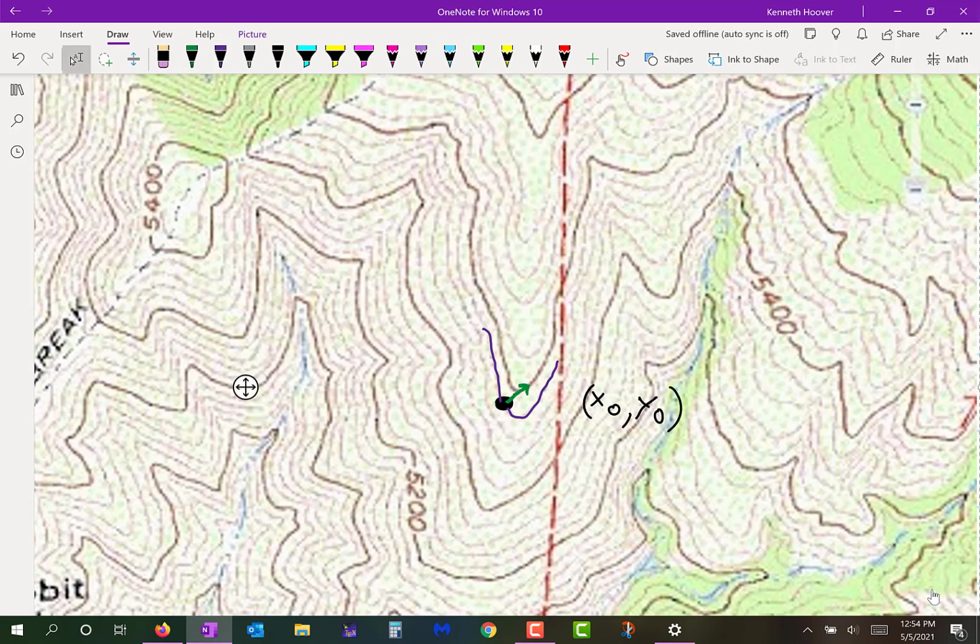Because remember that the gradient of f at a certain point is equal to, what did we say it was equal to?